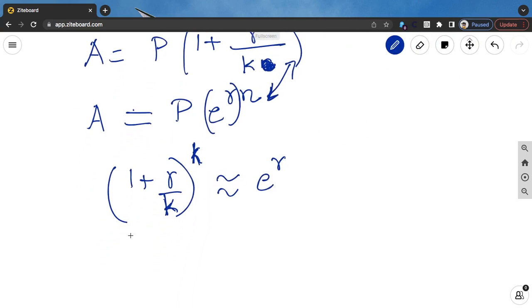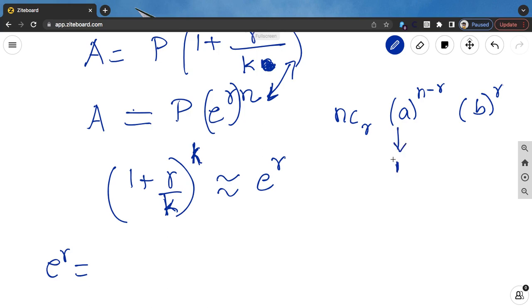If we follow our binomial expansion formula, what is e raised to r going to be? What is the binomial expansion formula? Do you remember? It's nCr a raised to n minus r, b raised to r. Well, a in this case is 1. n is the same as k. r is going from 0 till infinity.